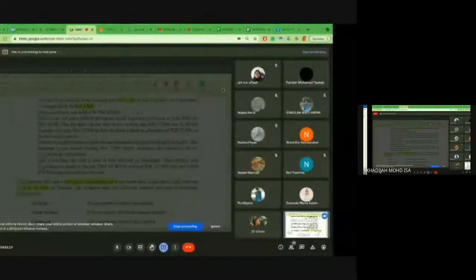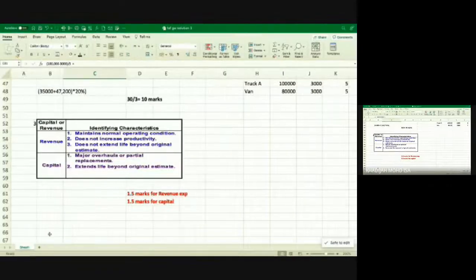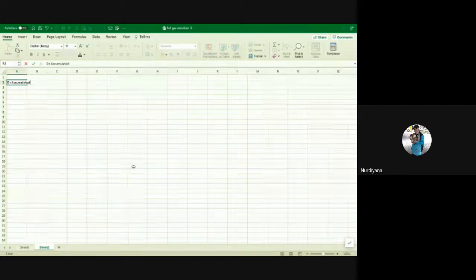Okay, let me show you. You are going to debit your accumulated depreciation for your equipment.